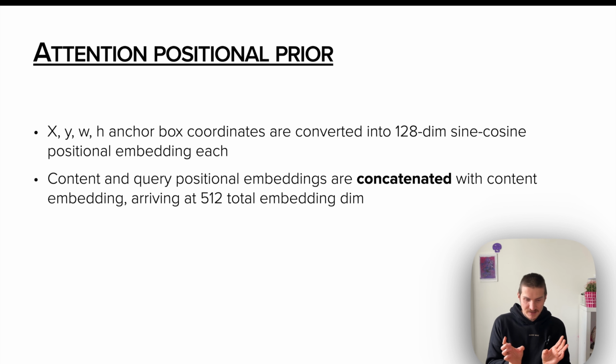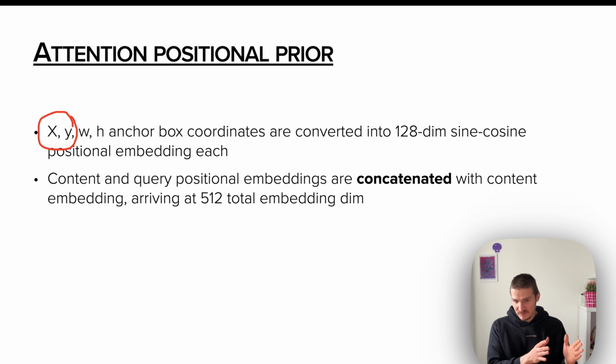So we're not mixing these signals. We have the first 256 coordinates corresponding to just X and Y coordinates of positional embedding, and then the last 256 to the actual content. We are only using X and Y coordinates of our anchor box here.